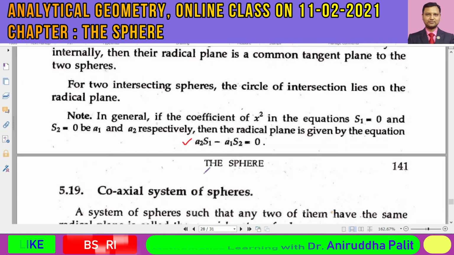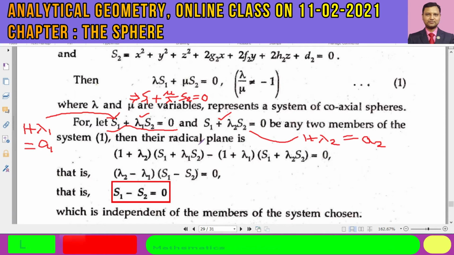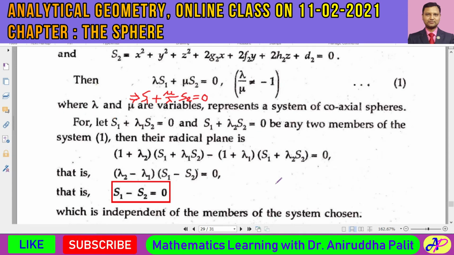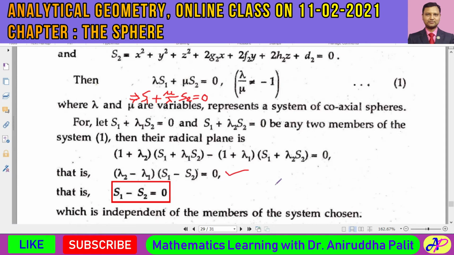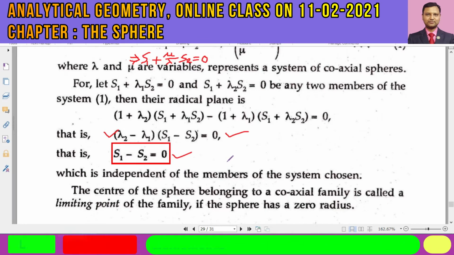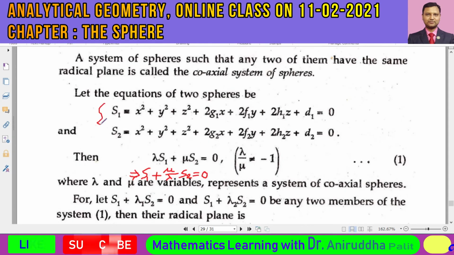All right, so if we now make all the manipulations and cancel terms, ultimately we will get this kind of relation. And because lambda 1 is not equal to lambda 2, we can cancel the factor lambda 1 minus lambda 2, and we will get s1 minus s2 is equal to 0. And s1 minus s2 is equal to 0 is actually the radical plane of the first two spheres.